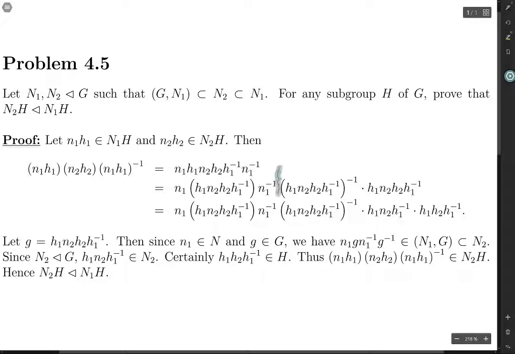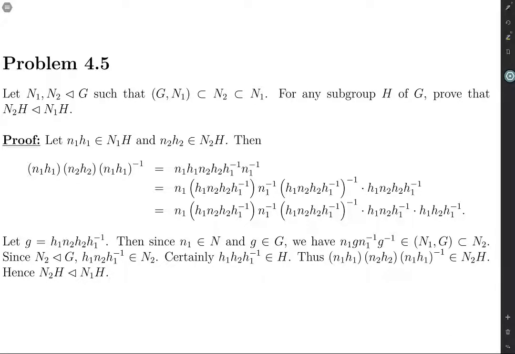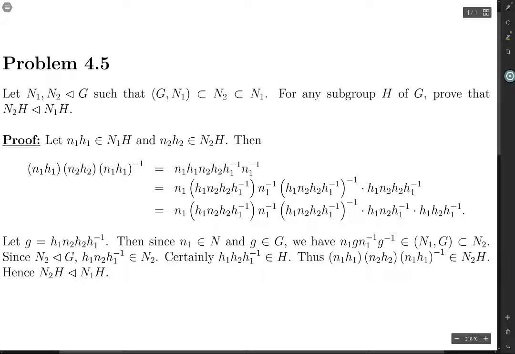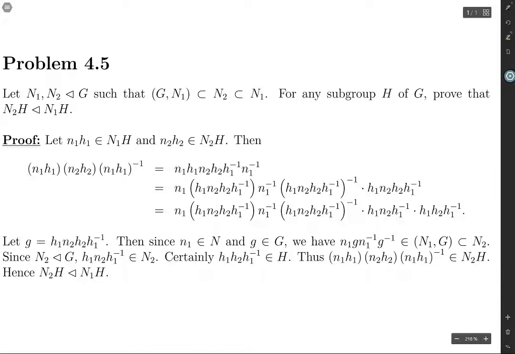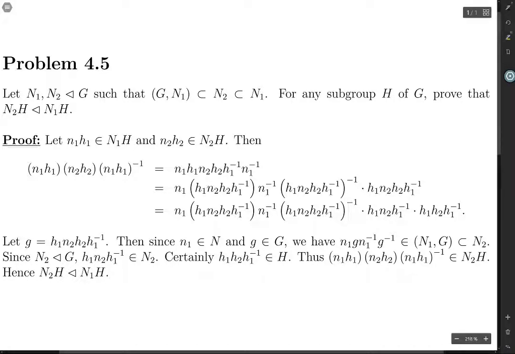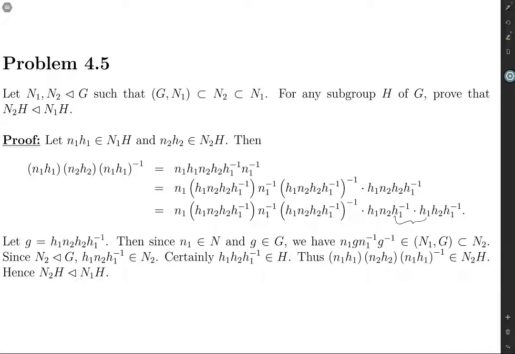But now I've written this in a suggestive way where I've got this n1 and then this whole thing in parentheses and n1 inverse and then this other thing in parentheses inverse. And so that looks like an element of a commutator subgroup. And then this thing on the right here, we also can further expand by throwing this h1 inverse h1 in here, which we can do because that's the identity.